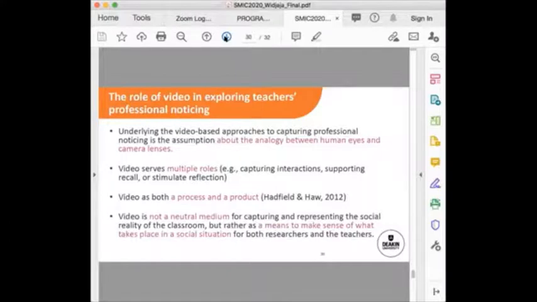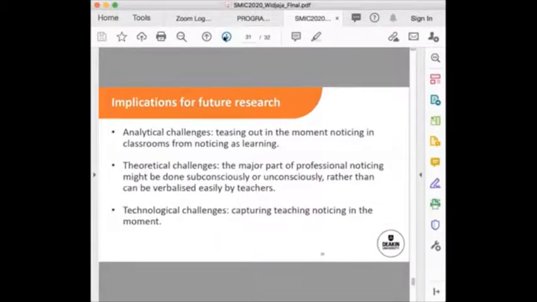We argue that it's not a neutral medium, so you still have to make sense of and interpret what takes place in the social situation. When we as researchers look at the video and teachers as practitioners look at the video, we probably don't always see the same thing. That shows it's not a neutral medium, and we probably identify different things as salient as well.